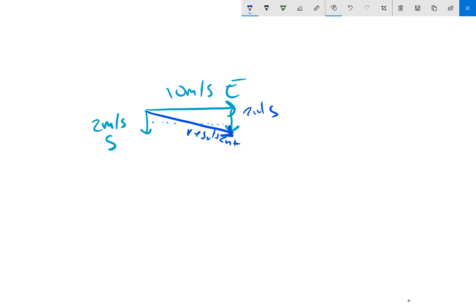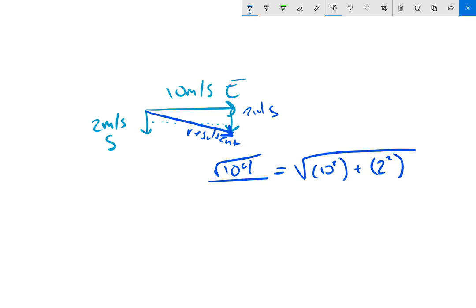So we have only one missing side. So we just need to take the square root of 10 squared plus 2 squared, and that's going to give us our resultant. So that's like the square root of 104. I don't know what that is off the top of my head. But that would be the magnitude, and then we would use trig to find the direction.